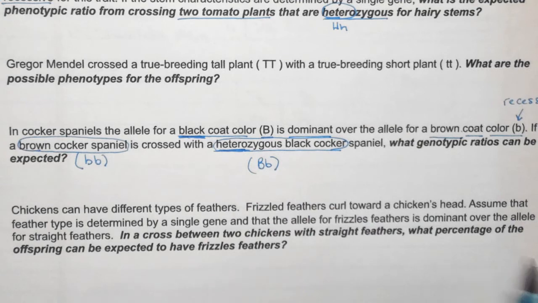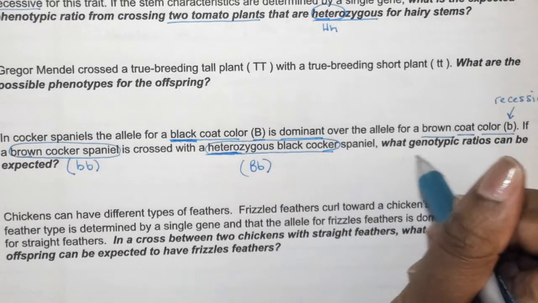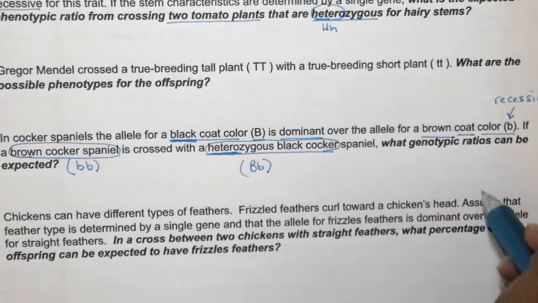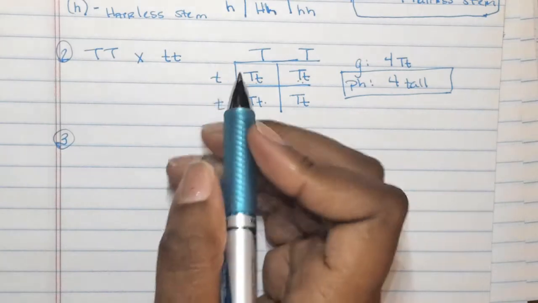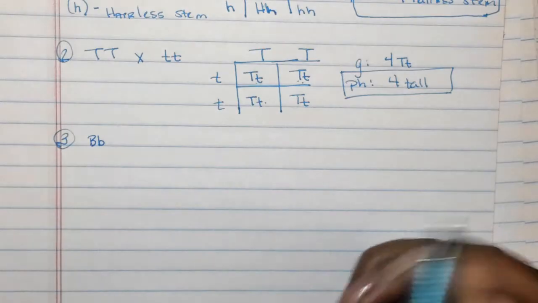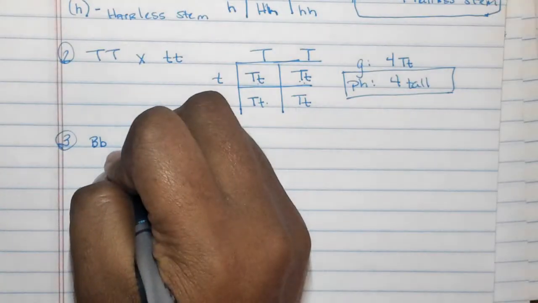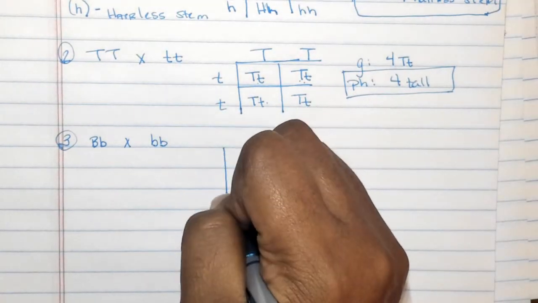You always want to figure out your genotypes before you move on. Now it asks me what genotype ratios can be expected. All right, so let's go ahead and set that up. So I've got the heterozygous dominant crossed with a homozygous recessive.